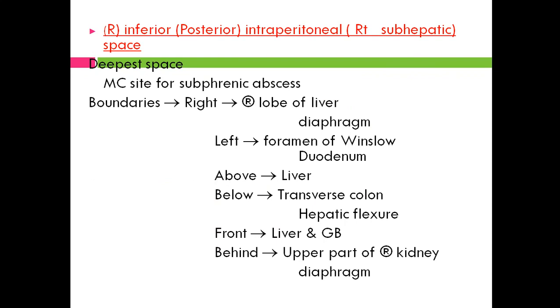Above you have the liver, below you get the transverse colon and the hepatic flexure. Anteriorly you have the liver and gallbladder, and behind you have upper part of right kidney and the diaphragm. So that is a space. This is the most common site for the subphrenic abscess.